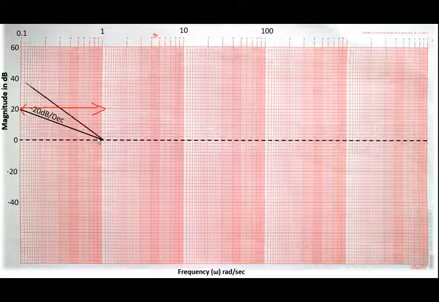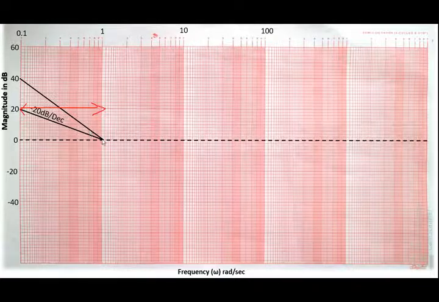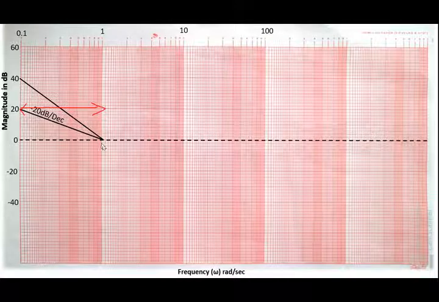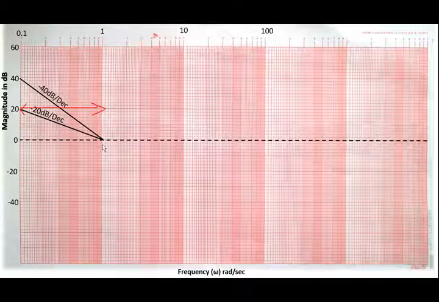And for 40 dB, here also you should include one decade completely starting from 0, and here 40 dB to 0 it is decaying, that is there is a decrease in the magnitude value, that is gain value, it is decreasing from 40 dB to 0 dB. It is decreasing, so consider negative sign, minus 40 dB per decade.